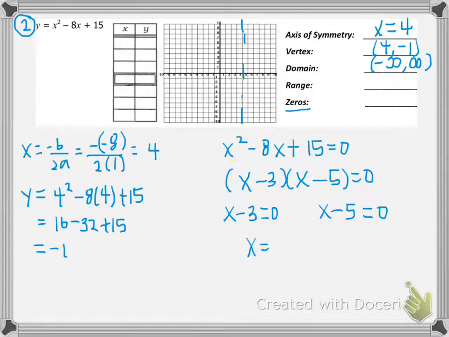So x is going to be equal to 3, and x is going to be equal to 5. So that means it's going to have zeros at 3 and 5. It's going to cross the x-axis at 3 and 5. Okay, so it's going to be symmetrical there.